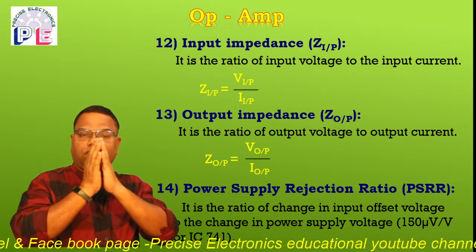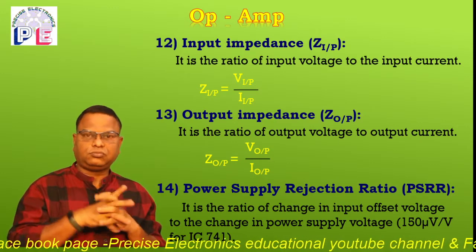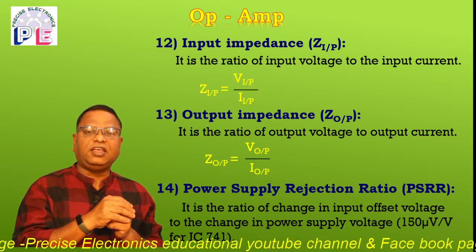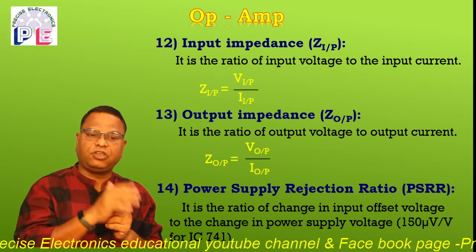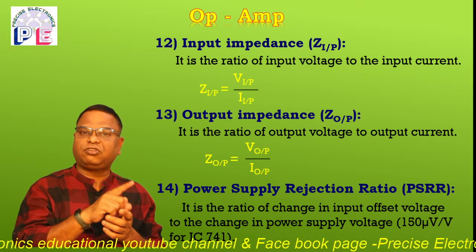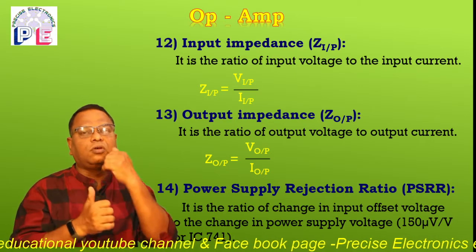For IC741, this PSRR is 150 microvolt per volt, because the input offset voltage is very low, in the range of microvolts or millivolts.